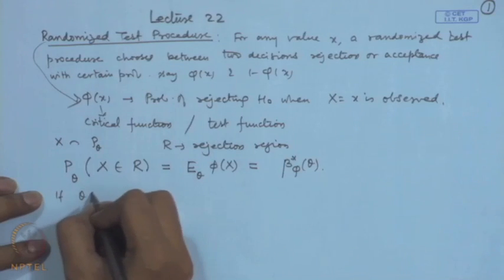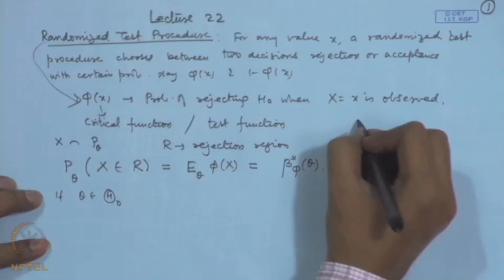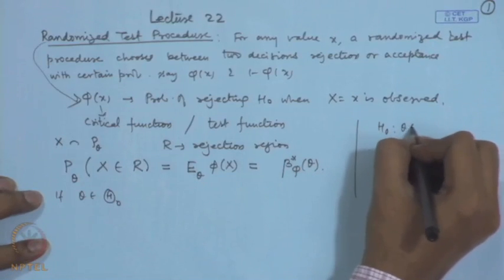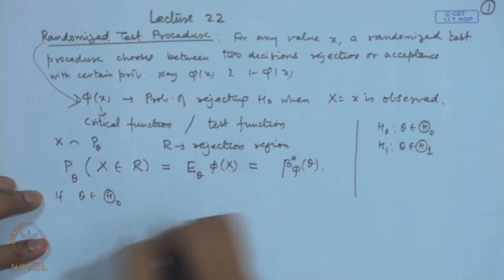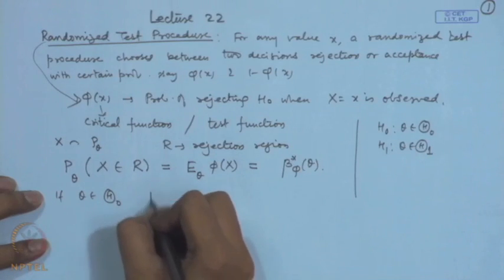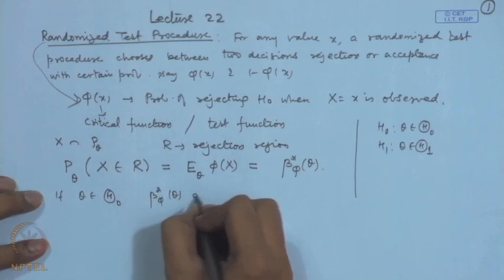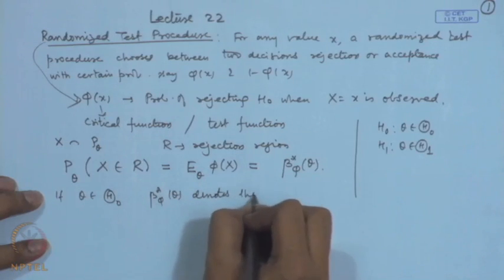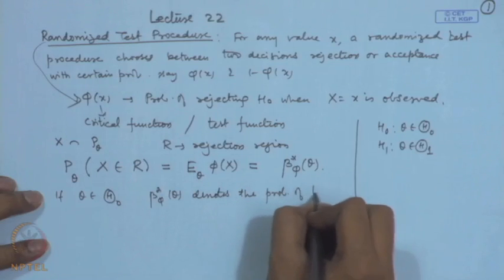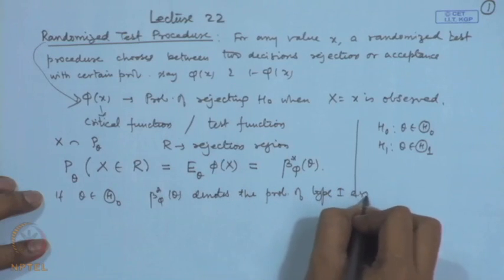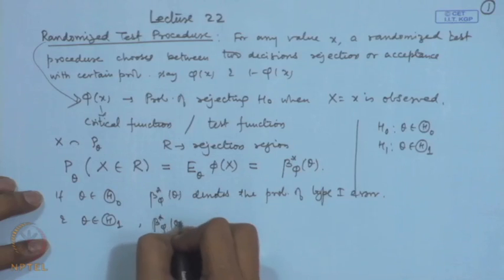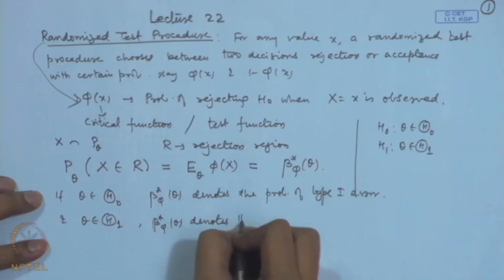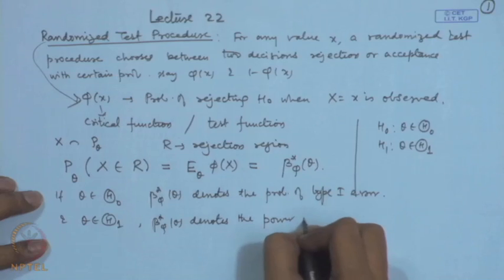Let me again specify our general hypothesis framework: H naught is theta belongs to theta naught, H1 is theta belongs to theta 1. So, if theta belongs to theta naught, this beta star phi theta denotes the probability of type 1 error, and for theta belonging to theta 1, beta star phi theta denotes the power of the test.